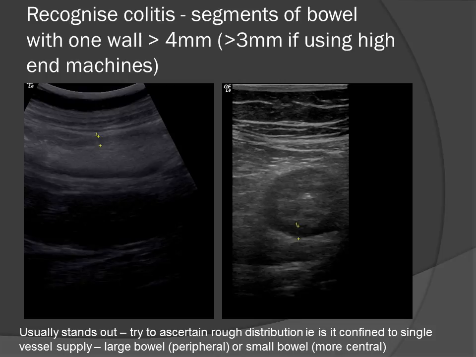This is something that tends to stand out at you, either as a black donut in the abdomen or long tram tracks. You try and ascertain a rough distribution, whether it's in the region of a particular blood vessel or whether it's an area of localized tenderness. It might perhaps be sigmoid diverticulitis or terminal ileitis.